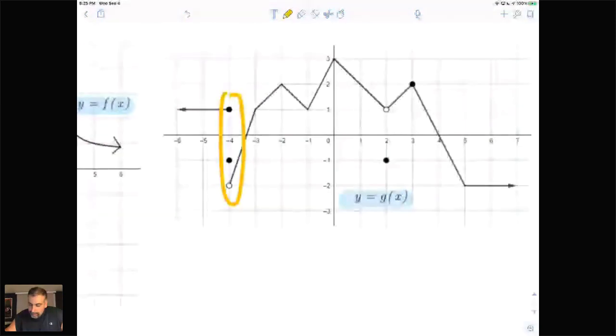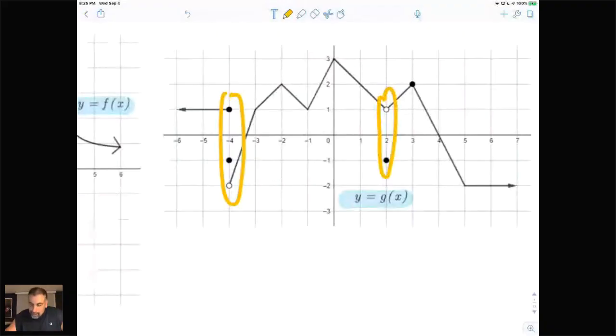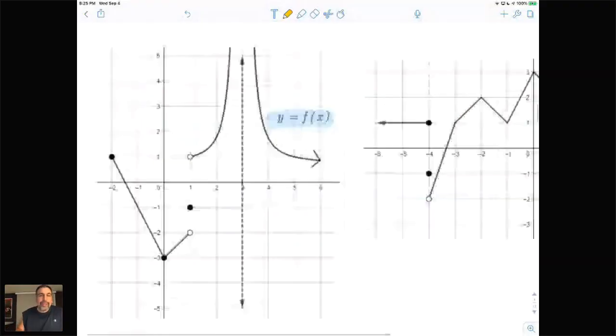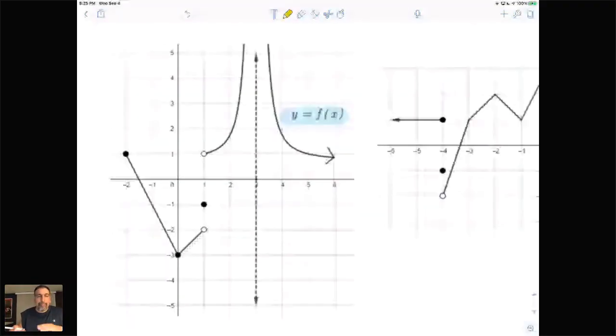We've got another kind of jump or a hole discontinuity there with a point filled in. So all of these are the types of functions we see with limits, because to be honest with you, the smooth functions are straightforward. The types of functions they're going to test us on in the AP exam are more of these broken, jagged kind of functions that you're seeing right now.